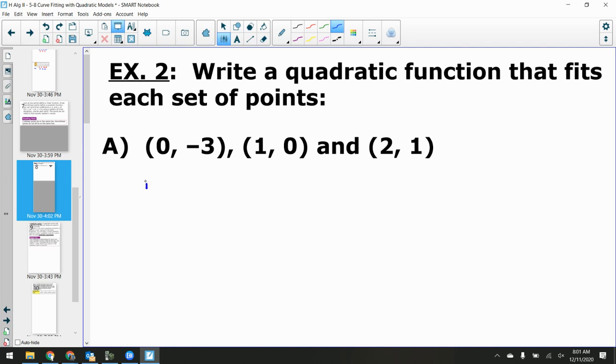Let me go with this. We know standard form is ax squared plus bx plus c is equal to y, right? That's standard form. If I could only somehow figure out a, b, and c, I'd be good. Here's how we do that.